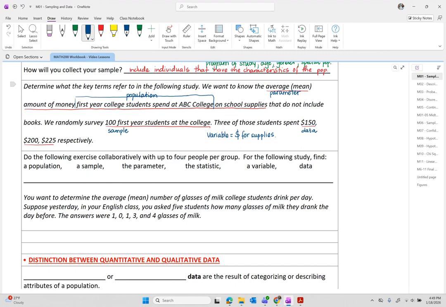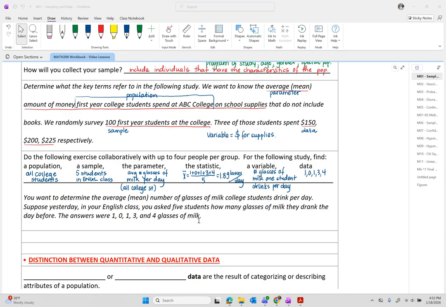What is the statistic, which is the corresponding statistical summary from your sample that you can use as an estimation of the parameter? What is the variable? So basically, what question did you ask and what values did it take? That would be the data. So you can pause the video and try to see if you can answer the questions.